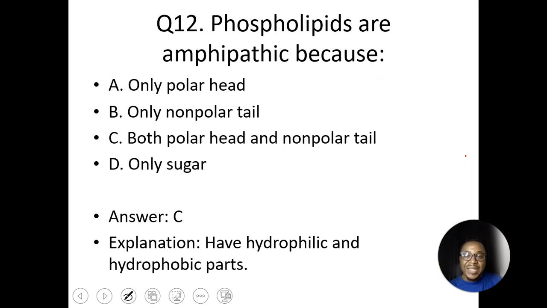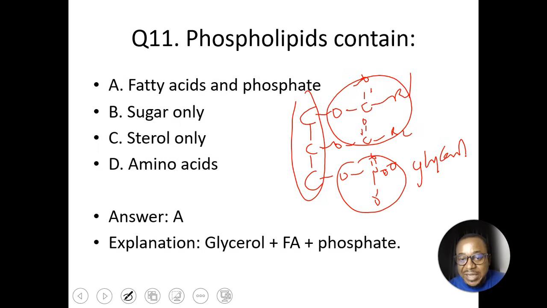Phospholipids are amphipathic in nature. Amphipathic means they are both water-loving and water-hating. It is the phosphate group that gives it the water-loving properties. And there are many types of these phospholipids. We have phosphatidylinositol, if an inositol is attached to the phosphate group.